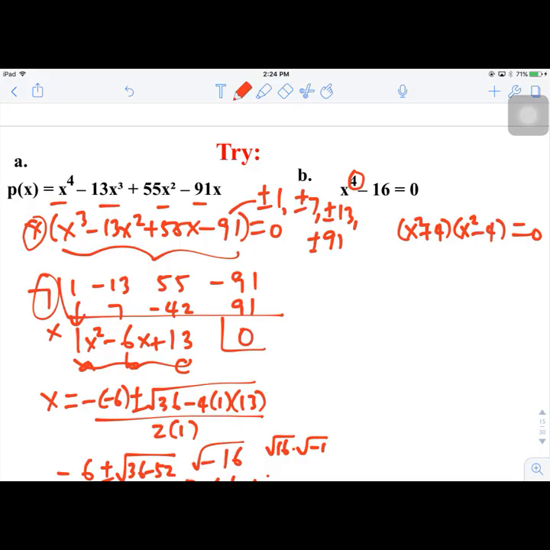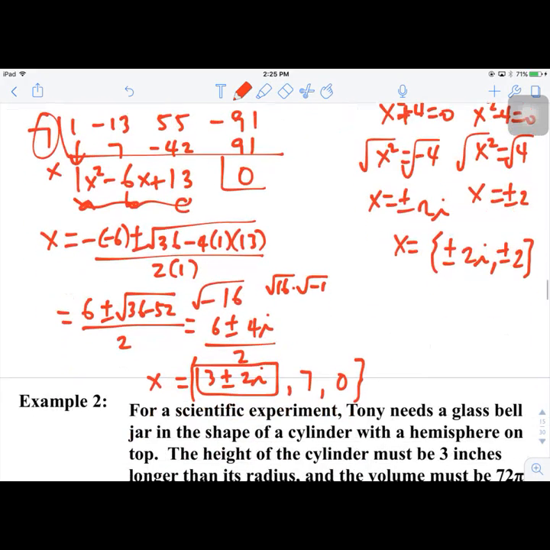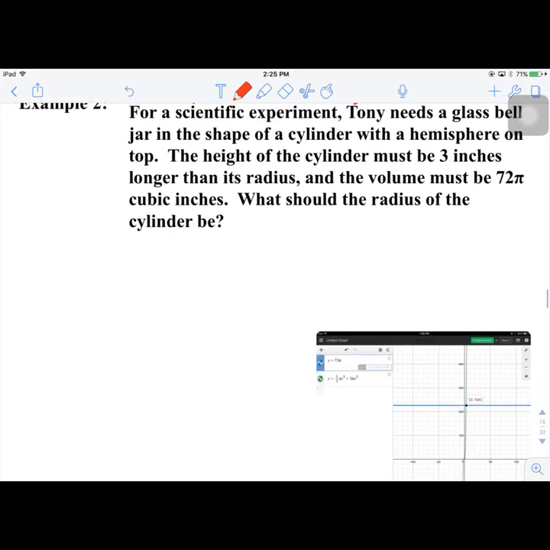And we will have x squared plus 4 equal to 0, and x squared minus 4 equal to 0, and you're going to get x squared equals negative 4, and the solution coming out of here will be plus or minus 2i, and then we have the same thing, x equals plus or minus 2. So the full list of solutions is going to be plus or minus 2i and plus or minus 2. That is the complete solution for those two.